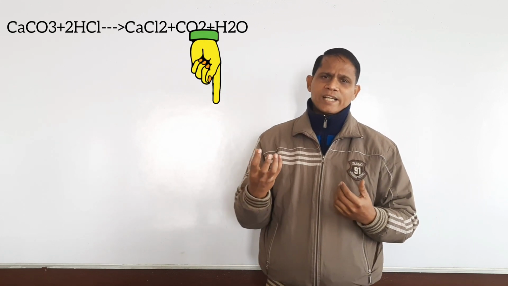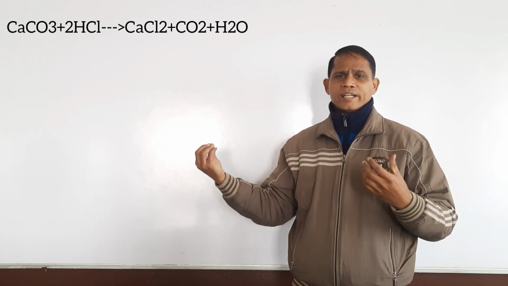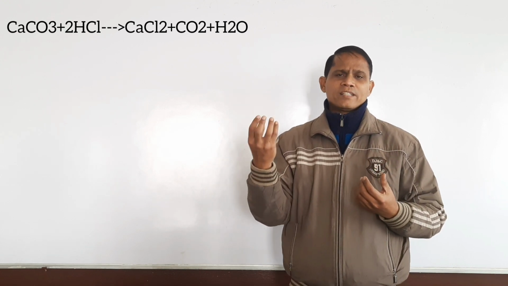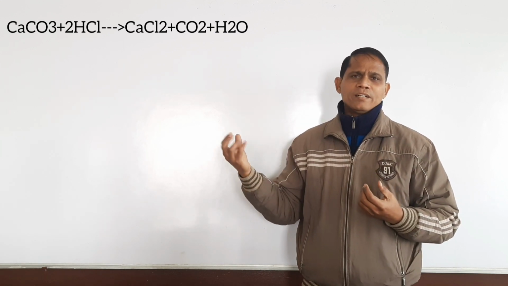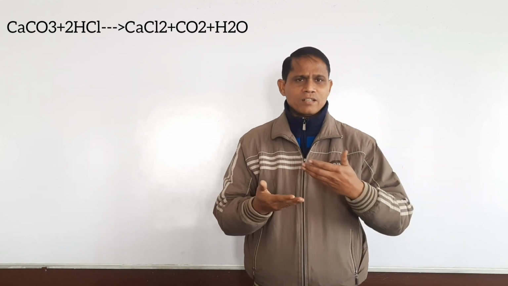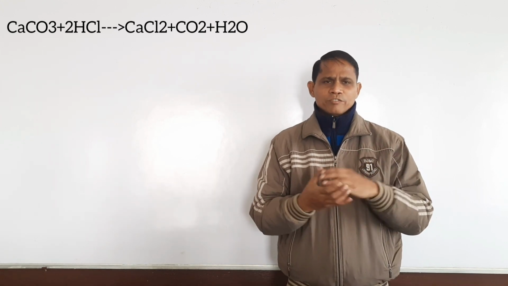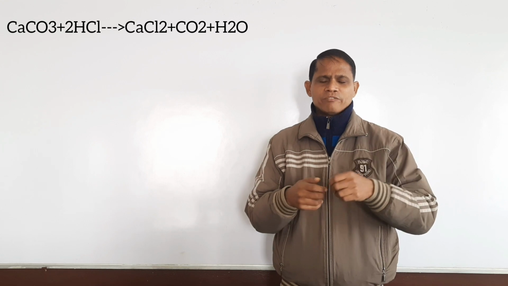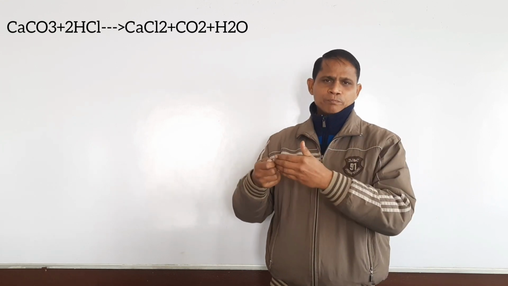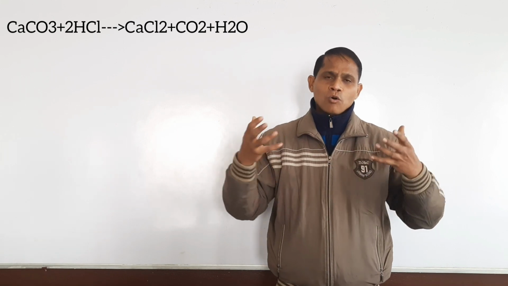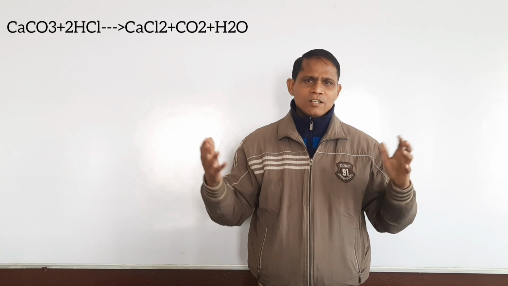That carbon dioxide gas is collected in another container, and it is collected over air because it is heavier than air. So it is collected over there. And how will you judge whether the container is filled with carbon dioxide or not? That can be done with the help of a burning matchstick. When you bring a burning matchstick near it, if it blows off, that means the whole container is filled with carbon dioxide.